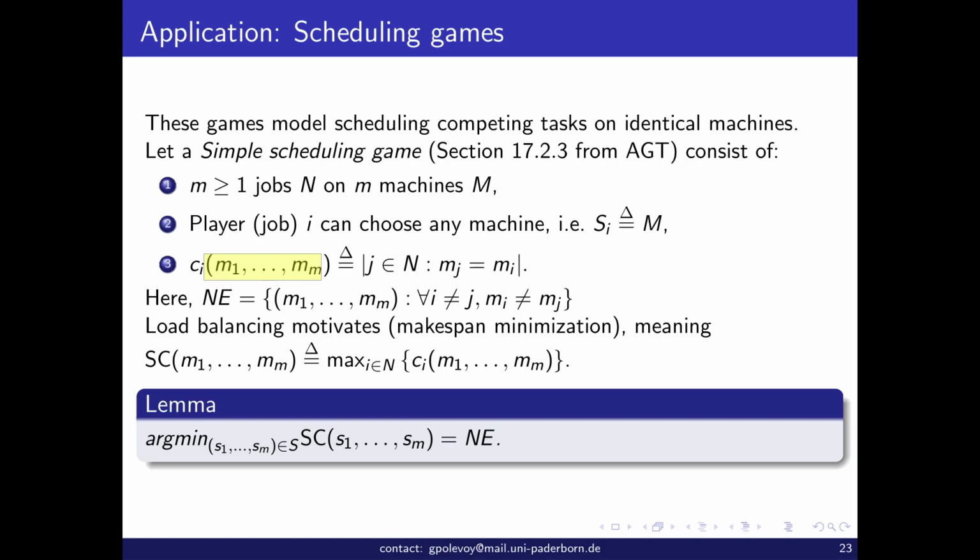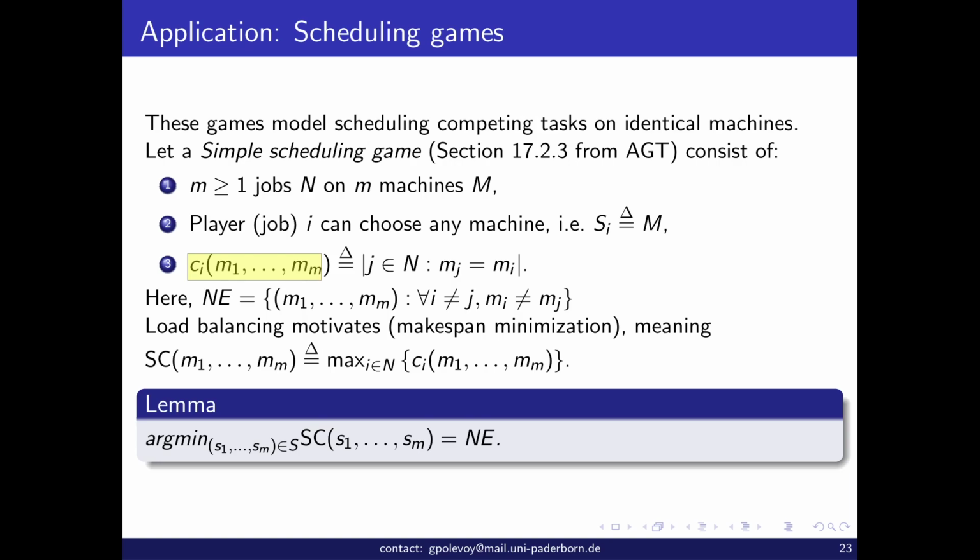And so we define the cost of player i given profile m1 till mn as the number of players that choose the same machine as player i.